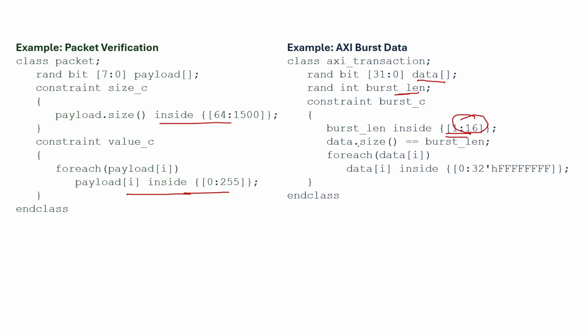And then data.size equal to burst length, that means size is also varied here, 1 to 16. Sometimes 1, sometimes 10, or 15 may come. Between 1 to 16, any value will be assigned. And then your address should be inside the range of 32 bit, starting from 0 and ending with all F.